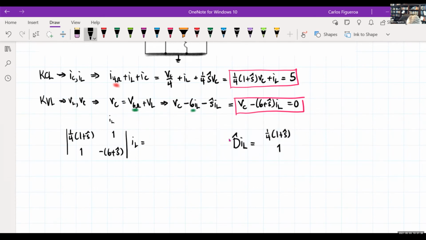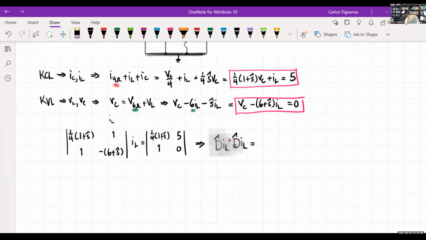So then my constant terms should be, since I'm looking at the IL term, 1/4 (1 plus S hat), 1, and then now I replace this guy like that. And again, I was going to multiply that out. So that's how I get my operator equation. This is what it looks like.